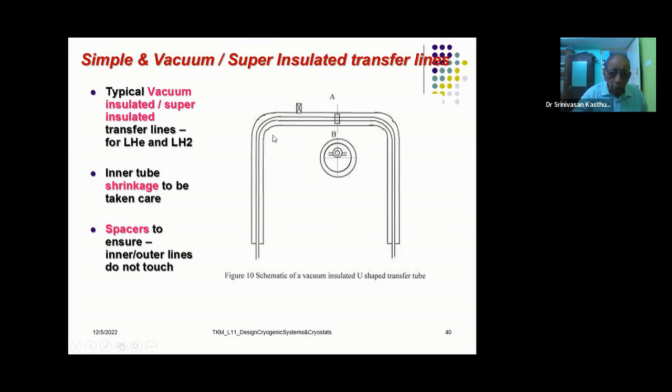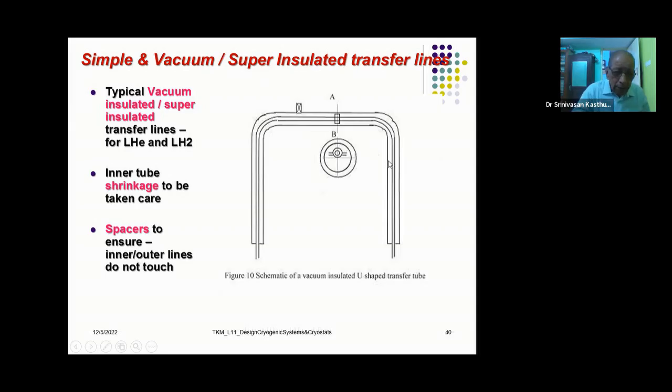Then you can do what is called cryo bending of the inner line. If you are not going to do cryo bending, then appropriate connection portions have to be chosen for making the joint. If you do cryo bending of two pipes simultaneously, then it is possible to have bending like this arrangement.